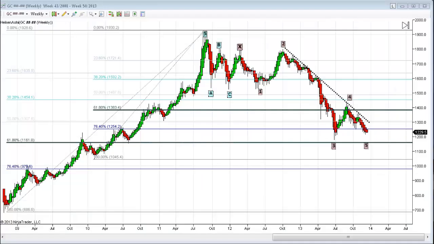And so in part 1 and part 2 of our Outlook 2014, we've presented you now with two basic models of how we see this current downtrend really unfolding and concluding. One, looking for an equal bottom, or what I call a flat, because it's similar to an ABC flat, but a truncated bear market.